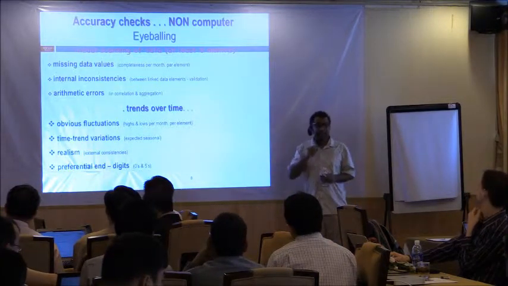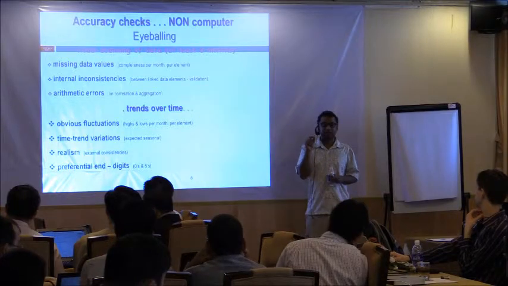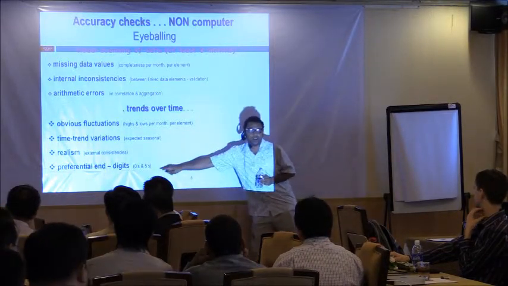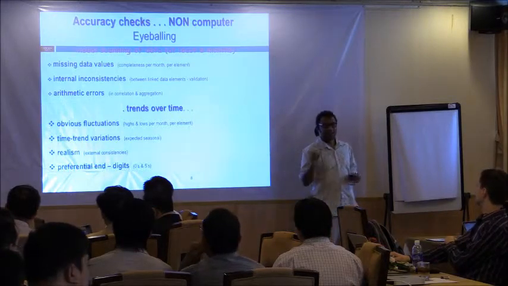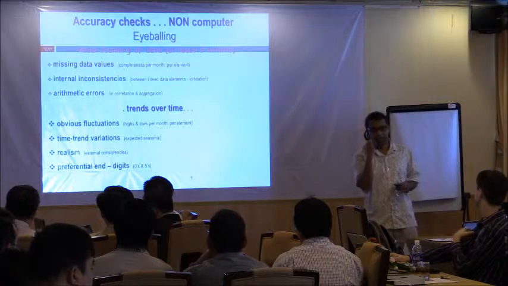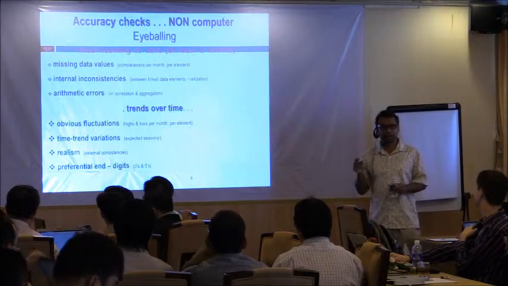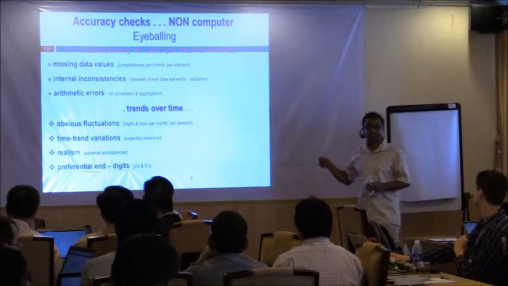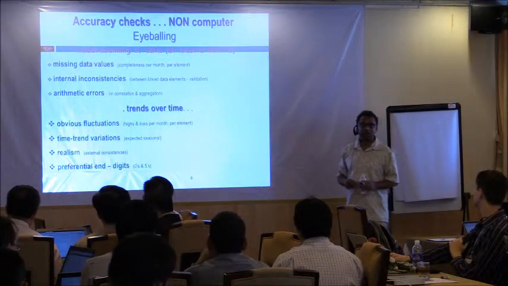And people at the district level, please tell your district officers and everything: look at these zeros and fives. If most of the time your data values are ending with zeros, 10, 20, 100, or 15, 25, for most of the things, that means they are not really calculating it.